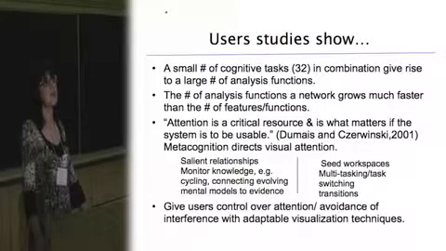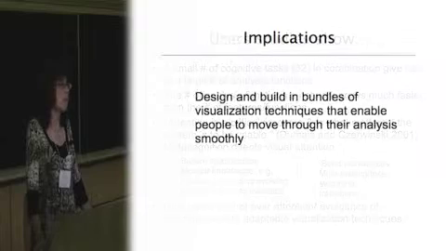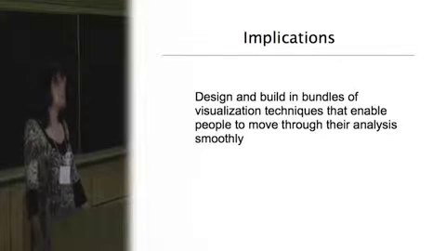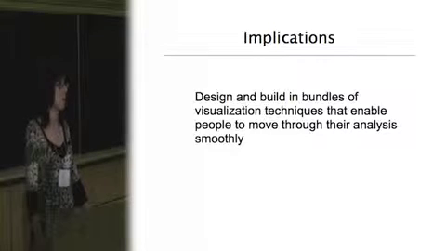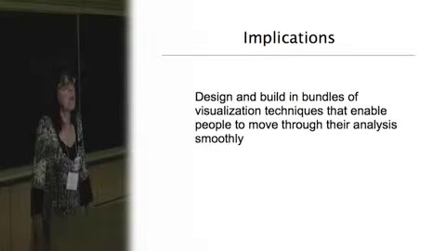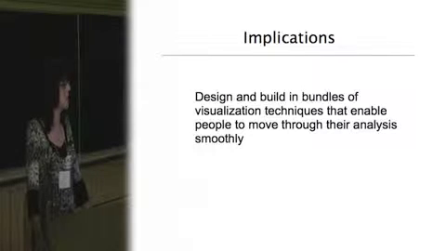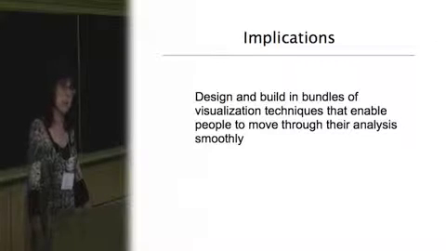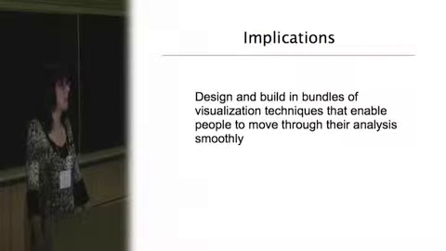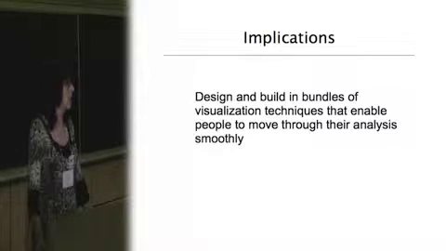So I want to talk just very briefly now of some implications of this, which is designing these bundles of visualization techniques into the networks that we build so that we help people move through their analysis smoothly. One thing that's very important is the notion of helping people see those multidimensional salient relationships that they want to see. So instead of just networks by themselves, a very common visualization technique is this dynamic workplace, so that you've got multiple windows that are all dynamically linked.